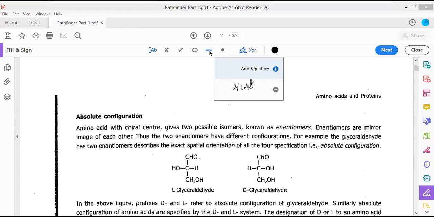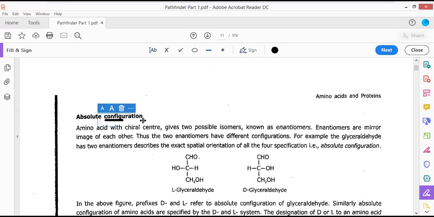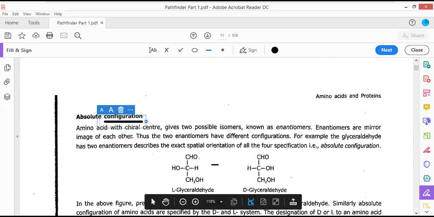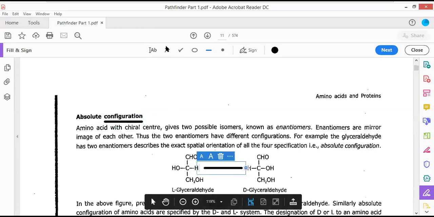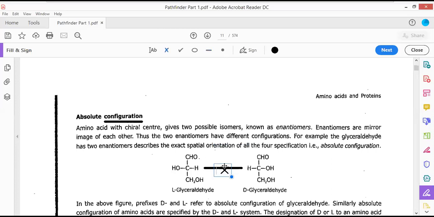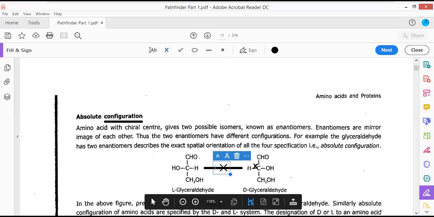The word configuration itself says that there can't be a simple rotation, that this molecule cannot get rotated into the other molecule. The interconversion between these two molecules is not possible.